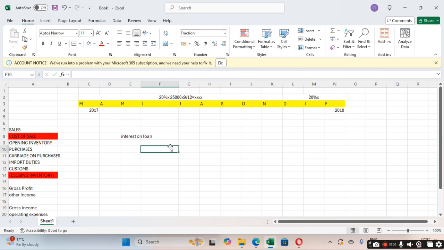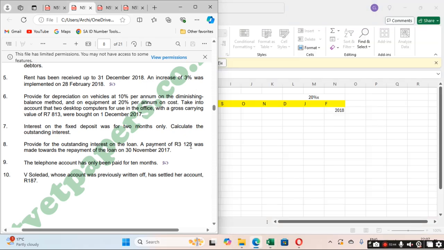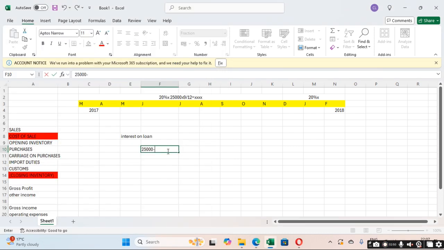So we say 25,000 minus the amount we've already paid, which is 3,125. We minus it because we already paid that in September.